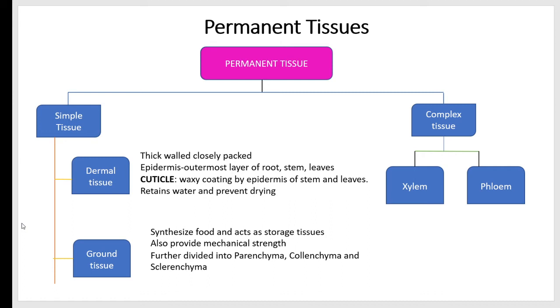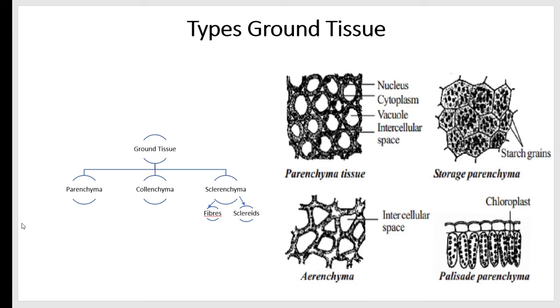It also provides mechanical strength. The ground tissue has been further divided into three types of tissues, that is parenchyma, collenchyma and sclerenchyma. So, ground tissues are of three types: parenchyma, collenchyma and sclerenchyma.